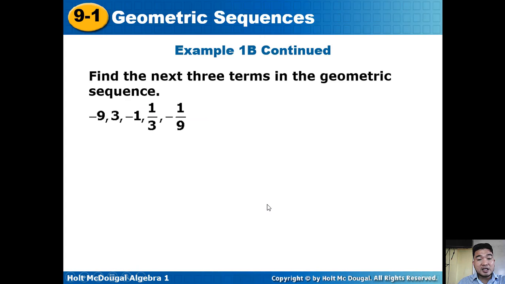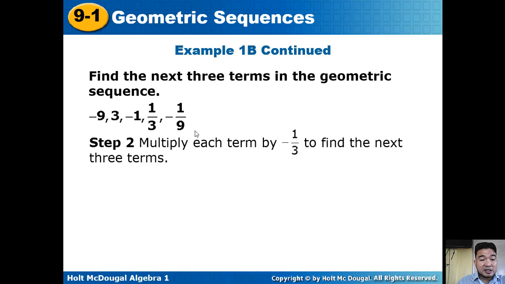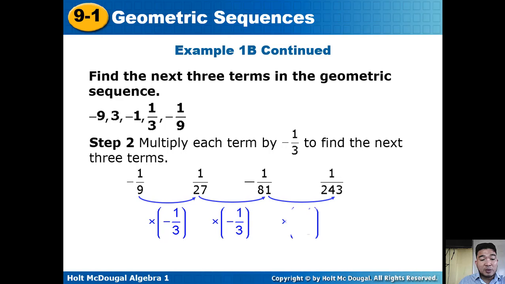Find the next three terms in the geometric sequence. That's our task. We know that the common ratio is equal to negative 1/3. So we multiply negative 1/3 to negative 1/9 to get the next term. Negative 1/9 times negative 1/3 will become positive 1/27.